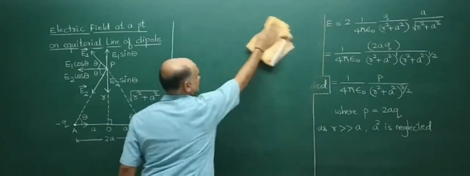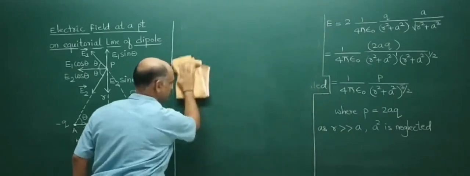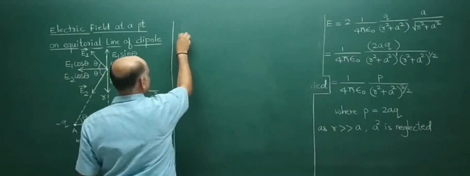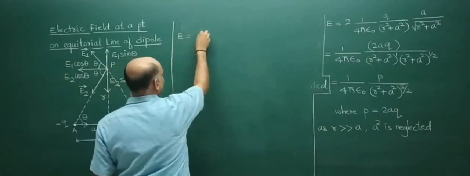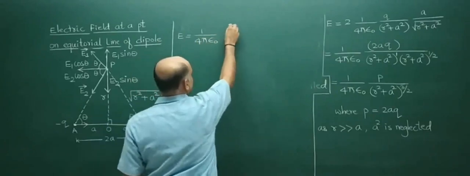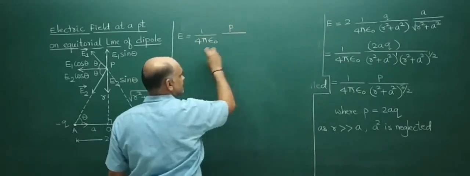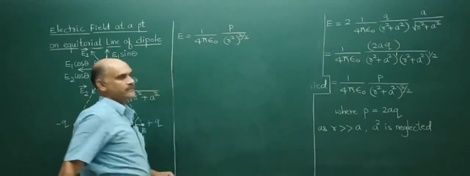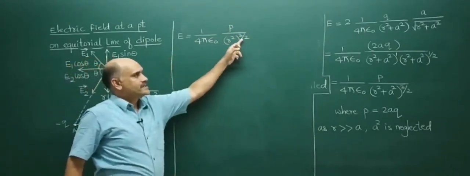I will have E is equal to 1 by 4 pi epsilon naught, p, a square is neglected, r square raised to 3 by 2. So this 2 gets cancelled.